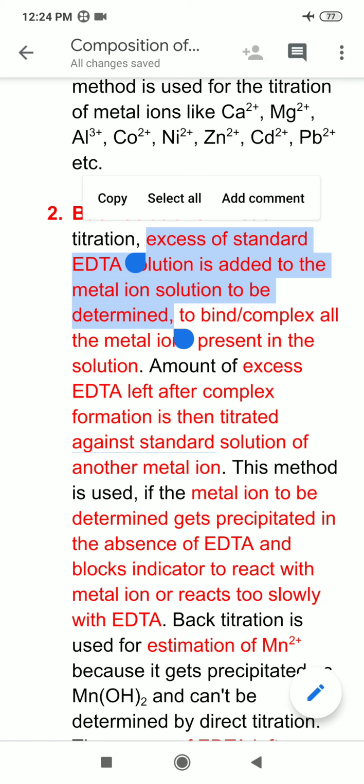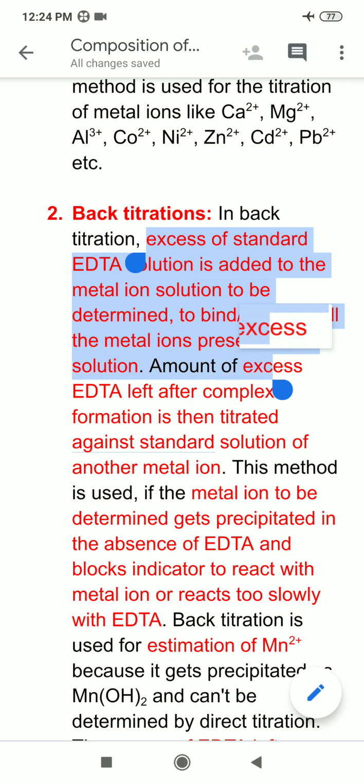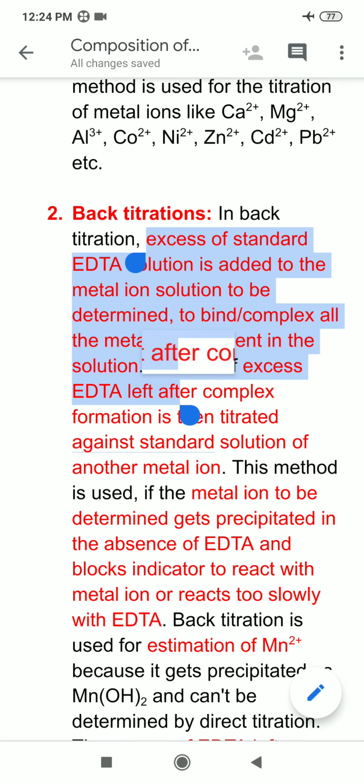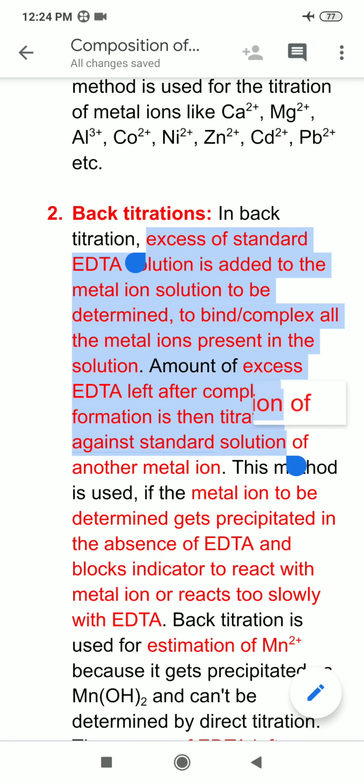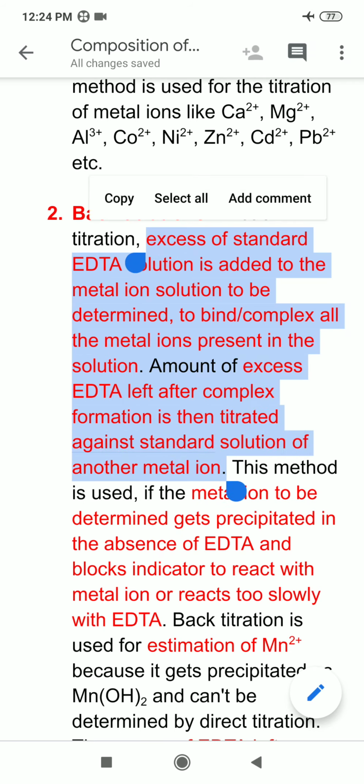Metal will bind to the EDTA, but if we have used EDTA in excess, some of the EDTA will be left free. Then we estimate the amount of EDTA left after complex formation by titrating it against a standard solution of another metal ion.